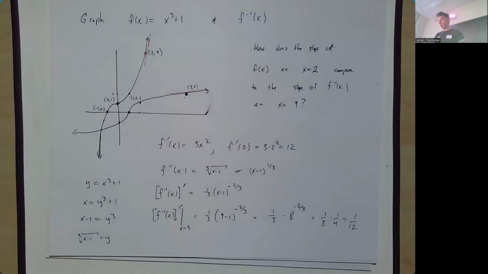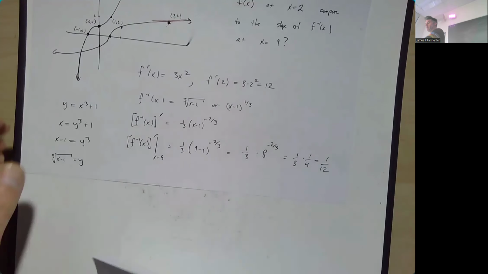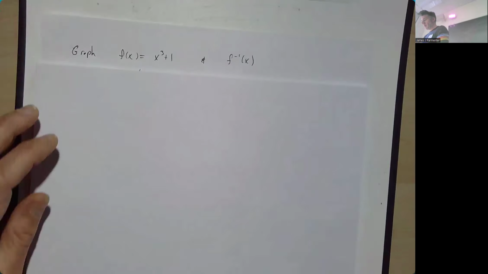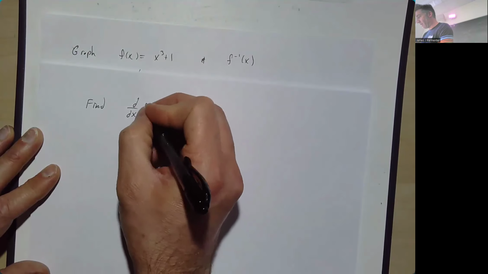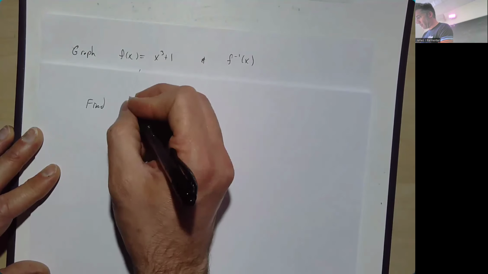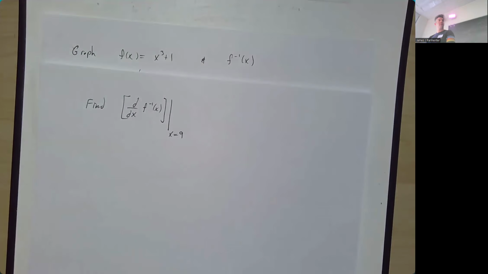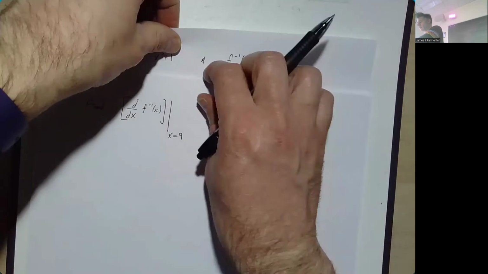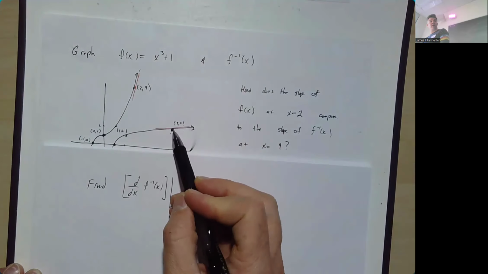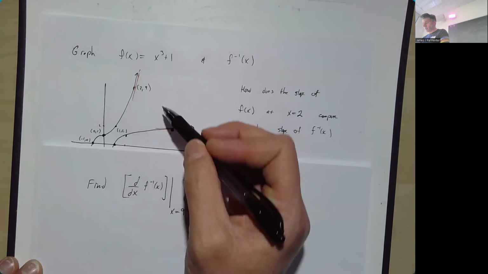So what we're really saying here is that if someone gave me this function f of x and said, find the derivative of f inverse of x evaluated at x equal to 9, instead of finding the inverse function, I can find the derivative of the original function and take the reciprocal of it, because this slope and this slope are reciprocals.